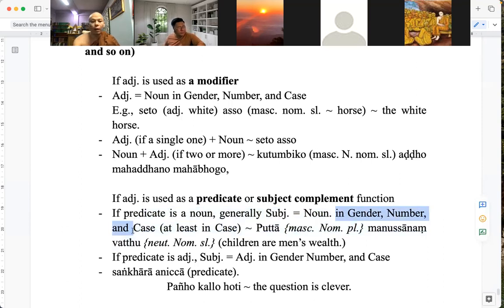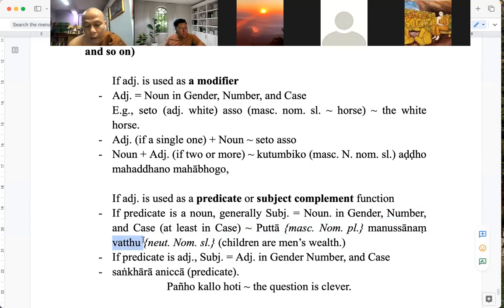But now, if gender is fixed, at that time only the case must be the same. Here, Buddha, Manusana, Vatu. Buddha is masculine, Vatu is neuter, gender is different. But Buddha is nominative case plural, Vatu is nominative case singular. Only the case is the same.